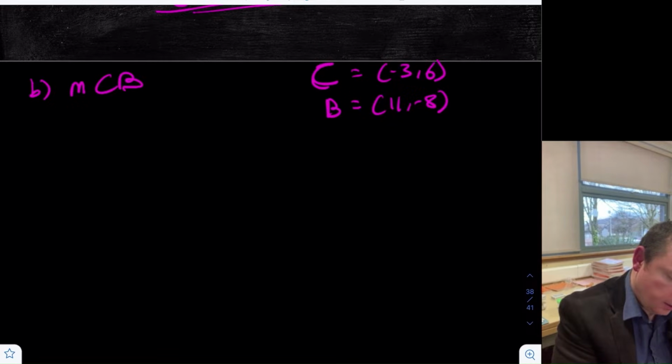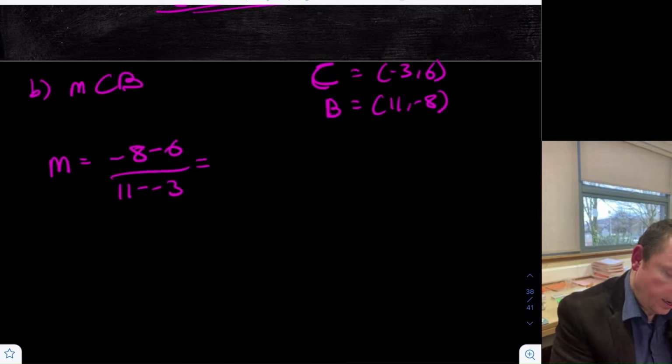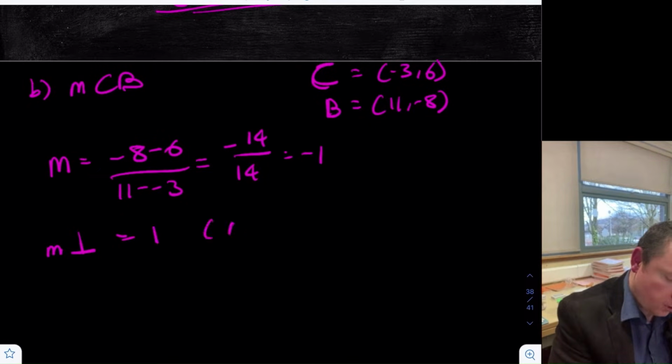So our gradient is equal to -8 minus 6 over 11 minus -3. That's -14 over 14, which is -1. So the gradient of our perpendicular is equal to 1 because m1 times m2 equals -1.